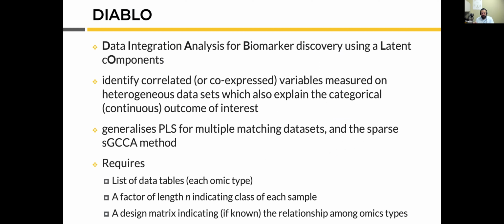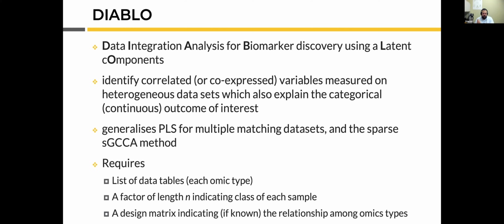Its general goal is to identify correlated or co-expressed variables which explain the categorical or continuous outcome of interest; there is a modification to allow continuous outcomes. It generalizes projection to latent structures for multiple matching data sets and extends the sparse generalized canonical correlation analysis method.